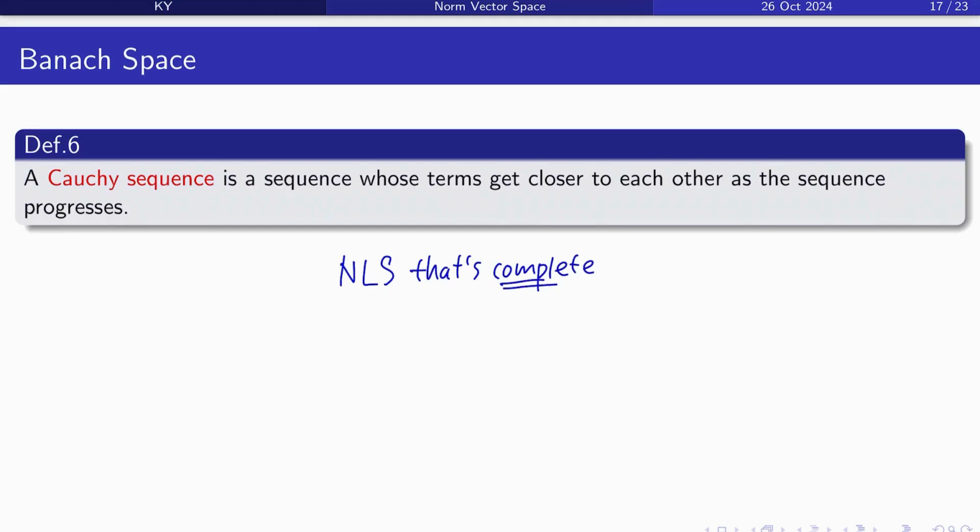Or we can say that some set is complete, right? When you say that a normed linear space is complete, then you're saying that normed linear space is a Banach space. That's just the difference. Okay, so that's the rough idea.